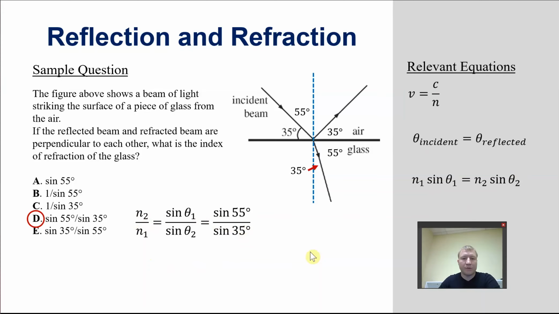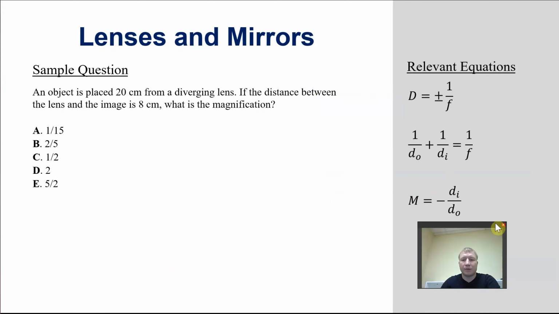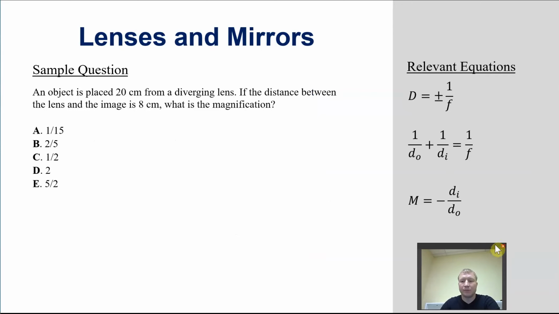Okay, so another example about lenses and mirrors. First of all, a few equations. This is the definition of the optical strength, or optical power, of the lens, and plus or minus here indicates that it's positive for a convergent lens and negative for a divergent one. Okay, so this is the thin lens formula.